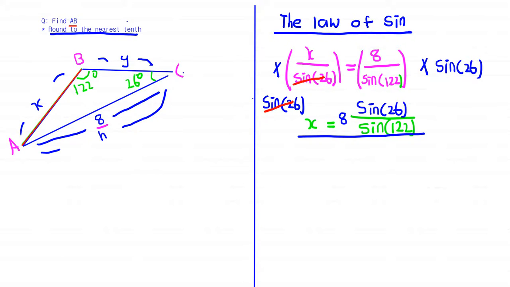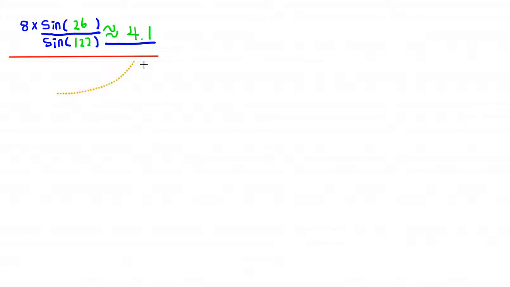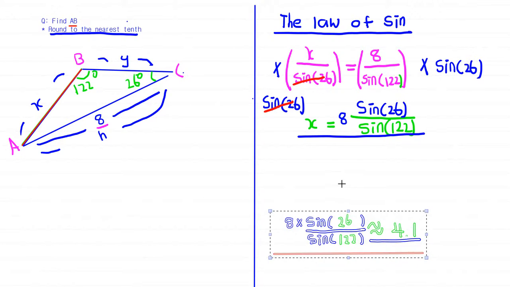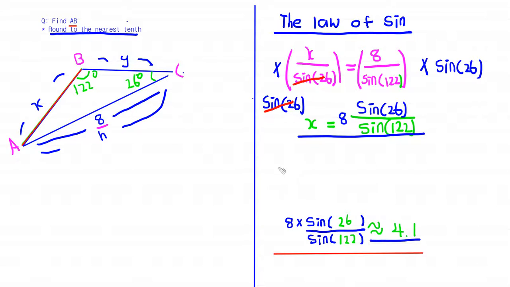Let's copy and paste these expressions right over here, and so we can figure out that this is approximately 4.1. So I'll write down here: we used the law of sine, and x is approximately 4.1.